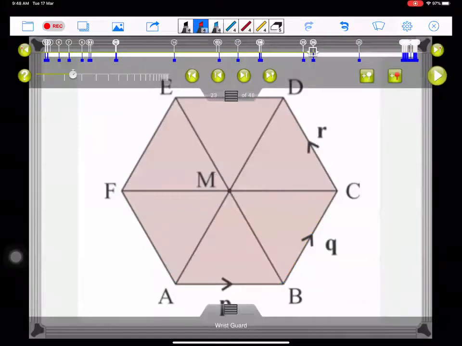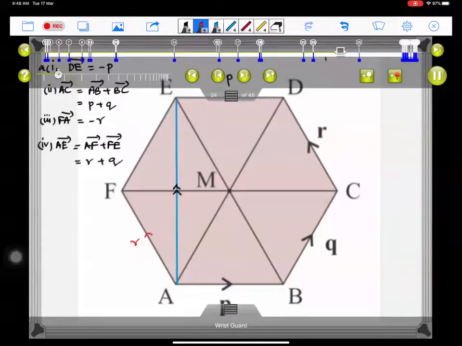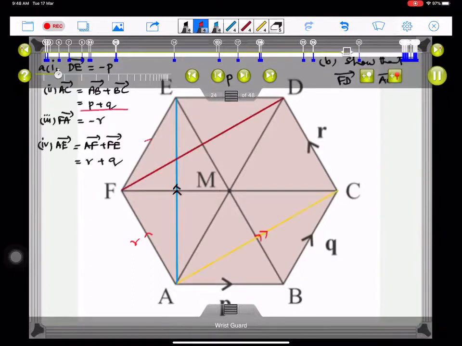Then we were working on finding DE, and then AC, FA, AE, and showed that the two vectors are the same, FT, this vector and this yellow vector.